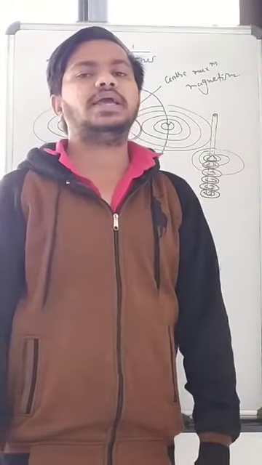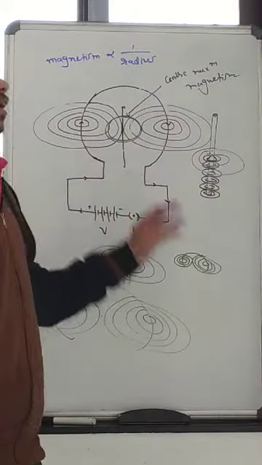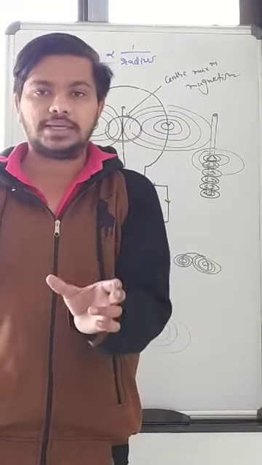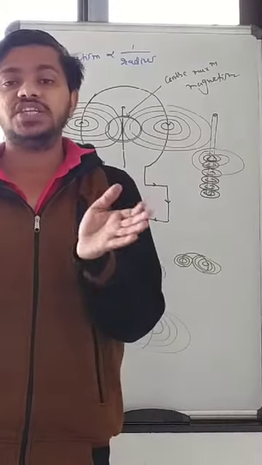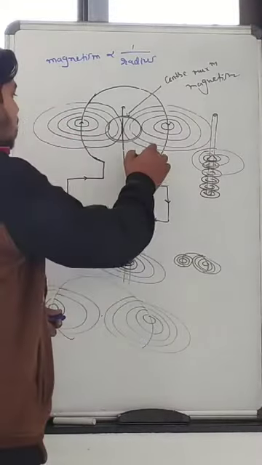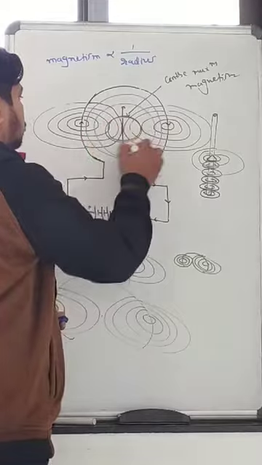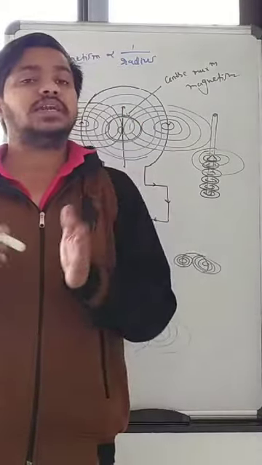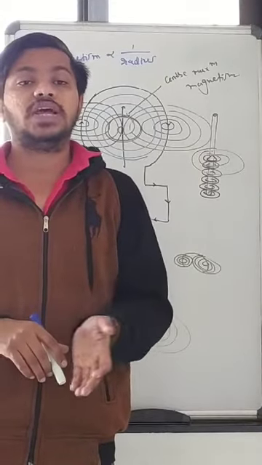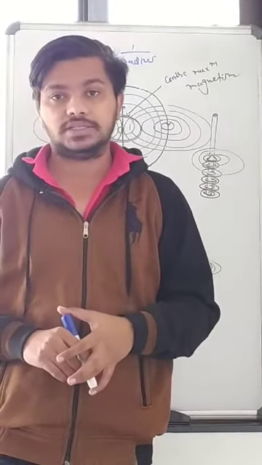When the loop is made and the current is passing through it, from the two symmetric points of that loop, the magnetism is produced inside the loop. Inside the loop, the lines come near to each other, and because of that, the magnetism increases, right?